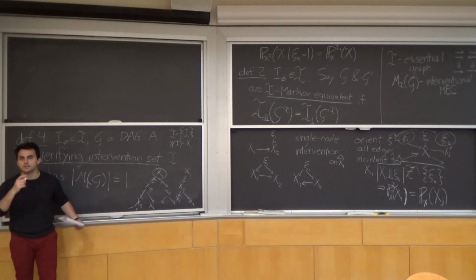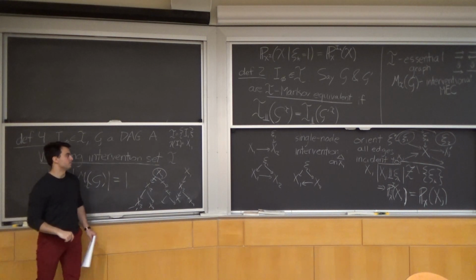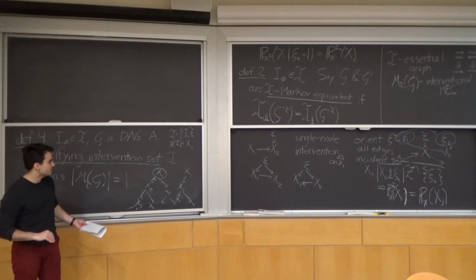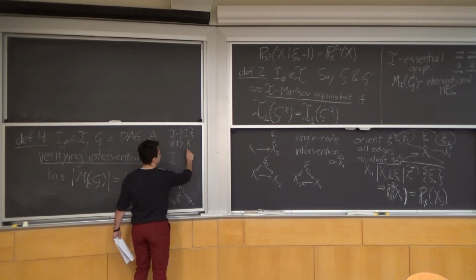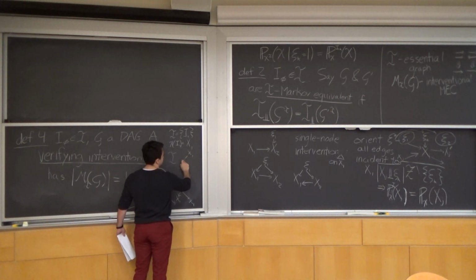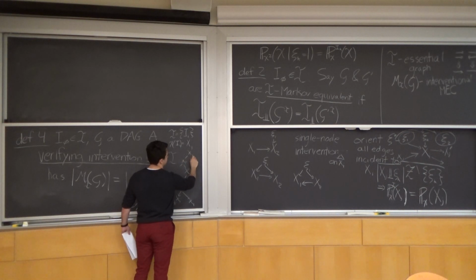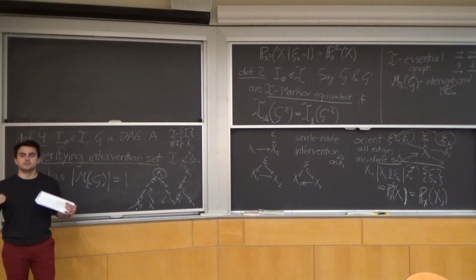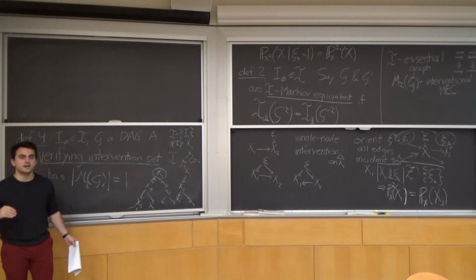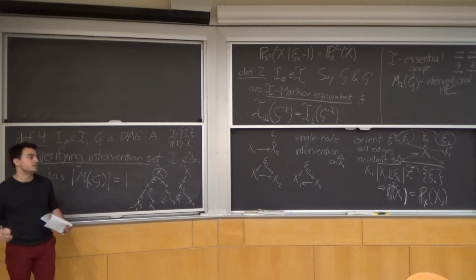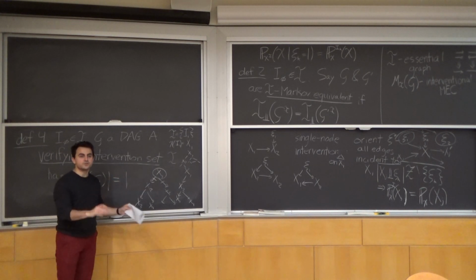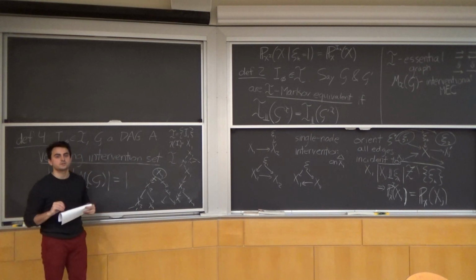This is why it's a verifying intervention set: if you just give me the tree, I don't know what the root node is, so I can't actually implement this in practice. I have to have a teacher come tell me, hey, it's this. You can go verify this on your own by doing an intervention on x1.